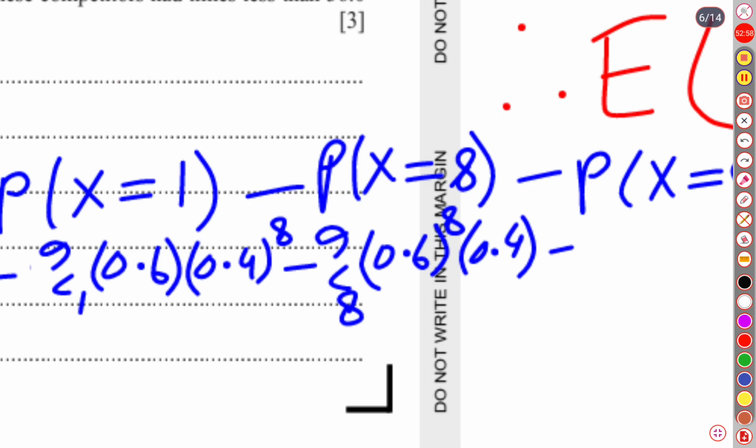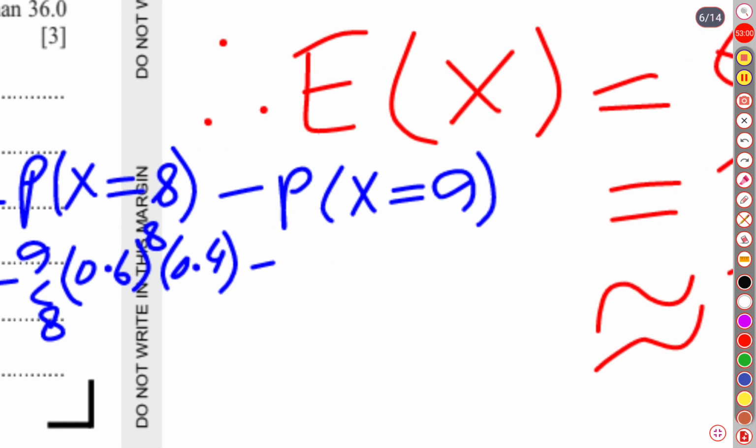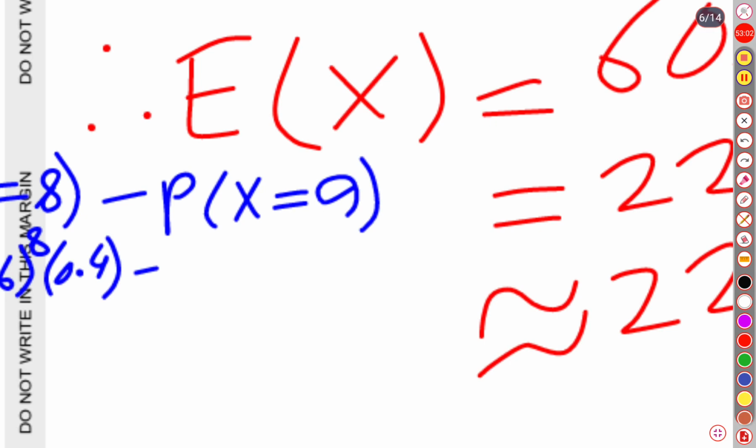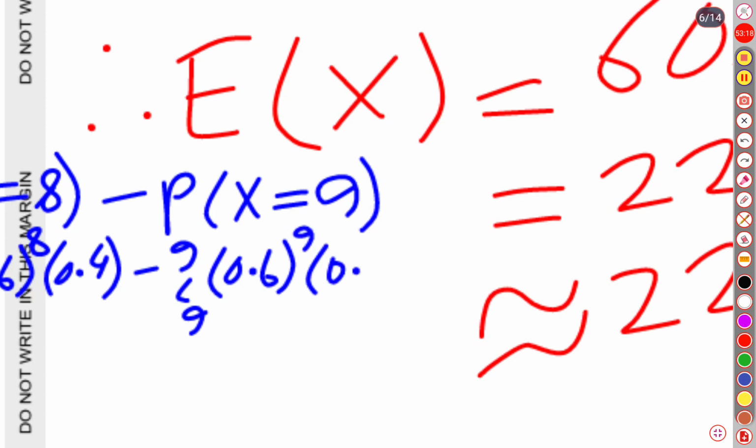Then out of 9, if all 9 take less than 36 seconds, the probability is going to be 0.6, 9 times, and that means no one took more than 36 seconds, so 0.4 to the power 0.